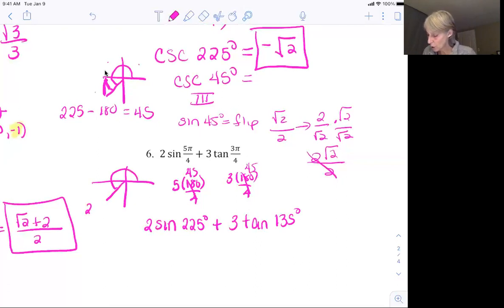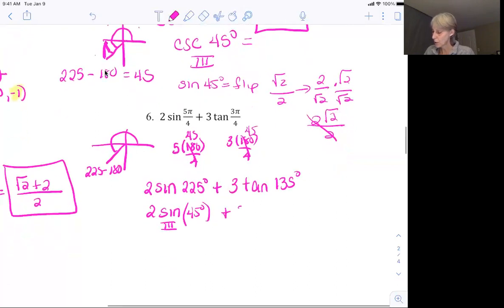So this is going to be 225 minus 180. 2 times the sine of 45 degrees in quadrant 3. Plus 3 tangent of 135. 135 is a quadrant 2 angle. 180 minus 135 is 3 times the tangent of 45 in quadrant 2.